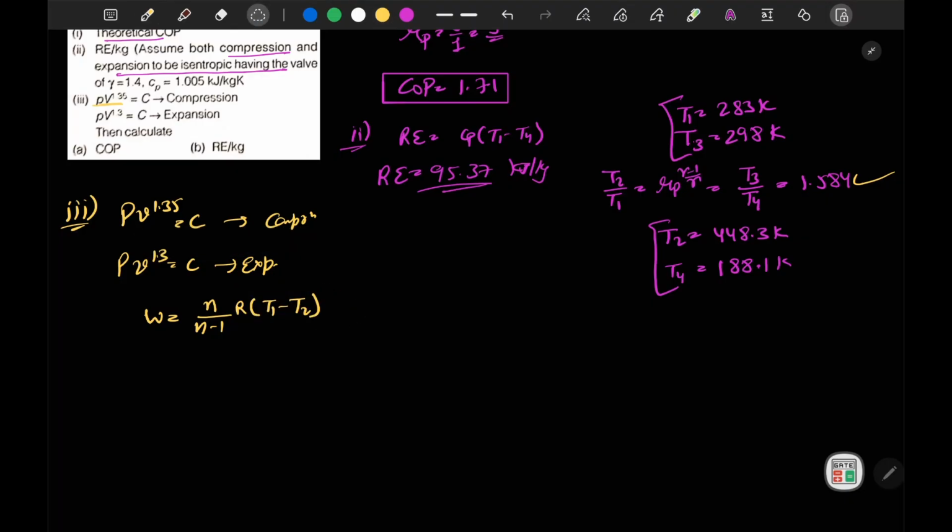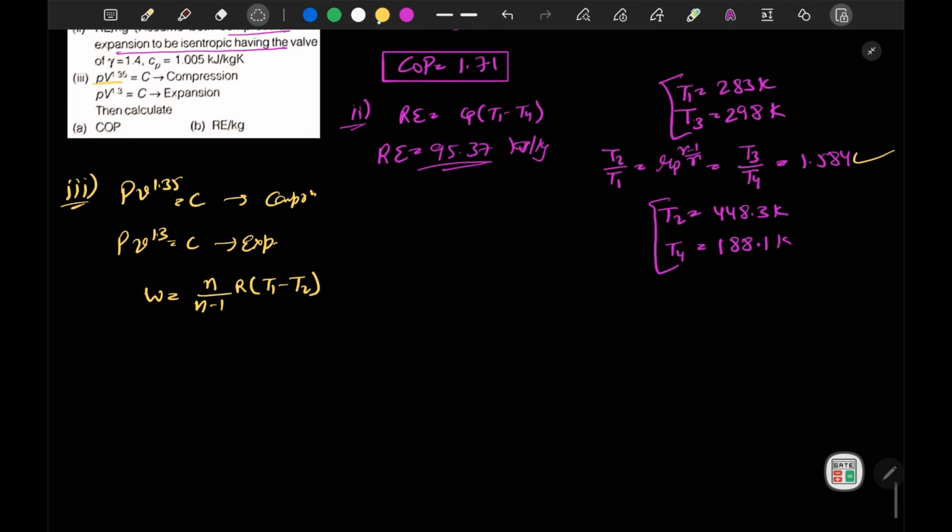Now if I want to calculate T1 and T2 here, I can write T2 by T1, since it is a process of compression, as Rp to the power n minus 1 by n.